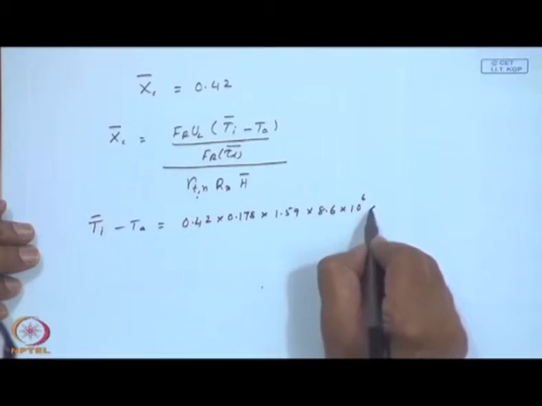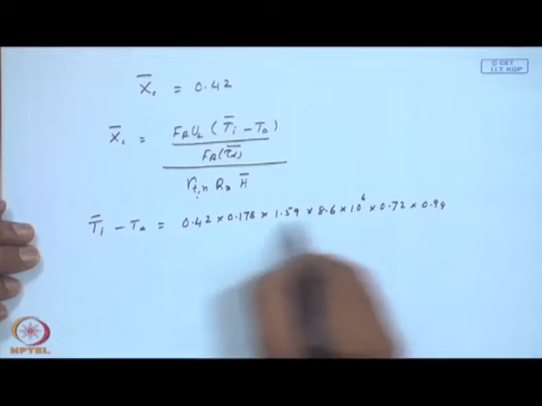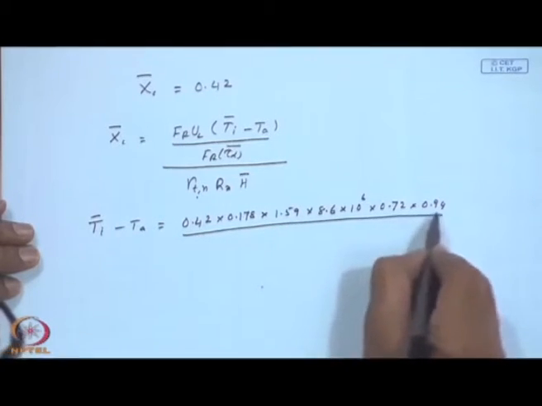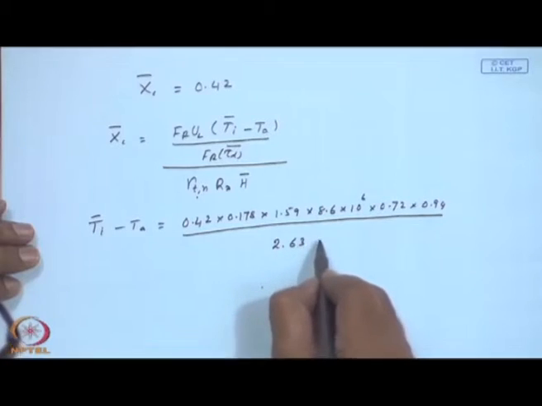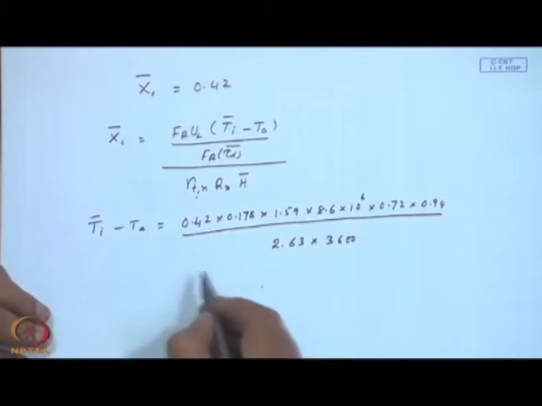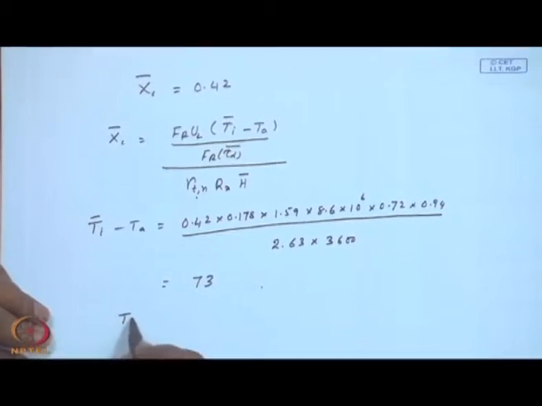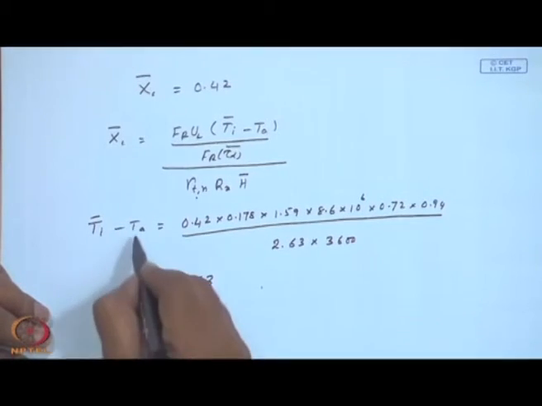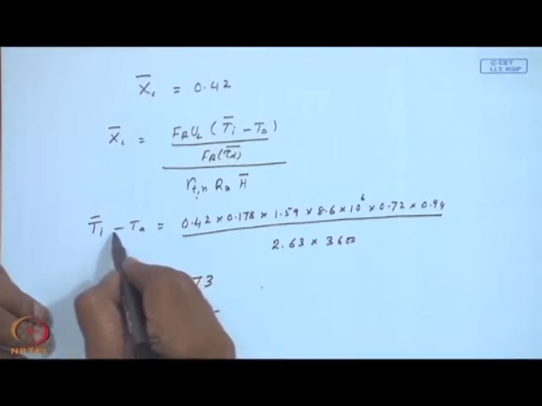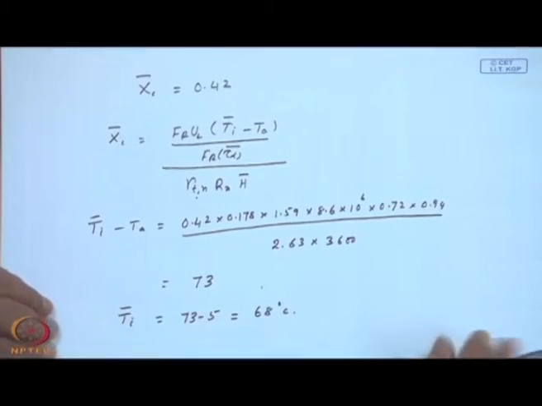This F R tau alpha bar is 0.72 into 0.94 by 2.63 and the time factor 3600. This comes to 73. So, T I bar will be 73 minus 5, or remember this T A is minus 5, so this becomes plus. When you transfer onto this side, it will be minus 5, 68 degrees C.